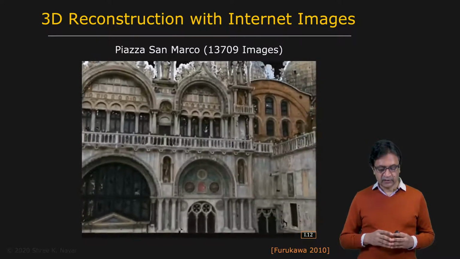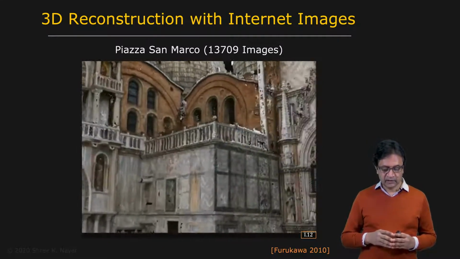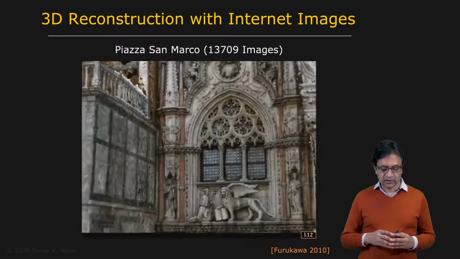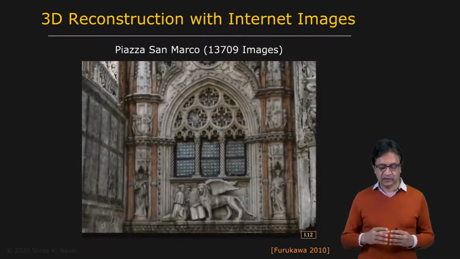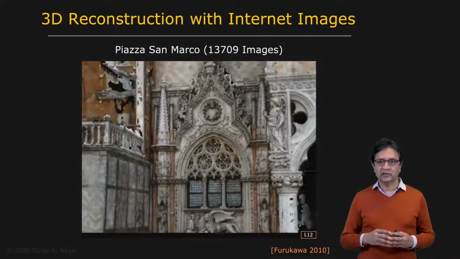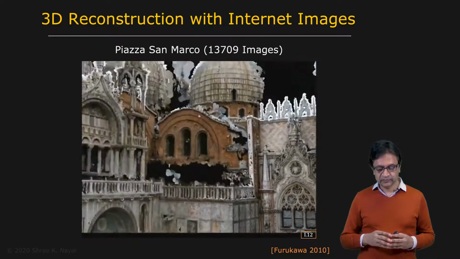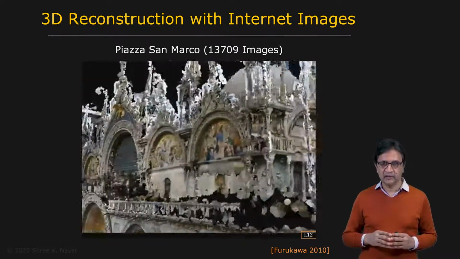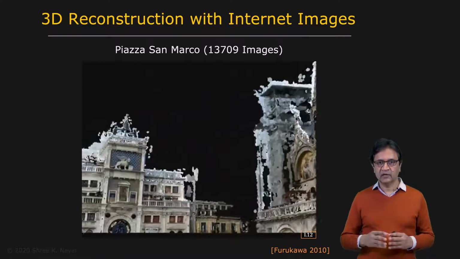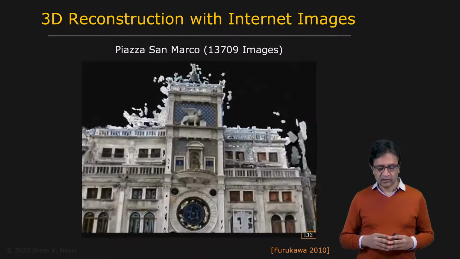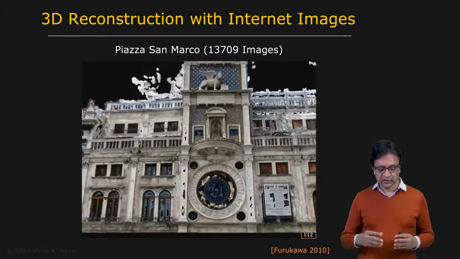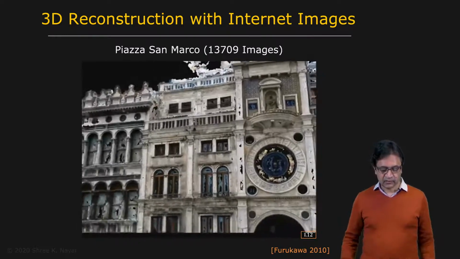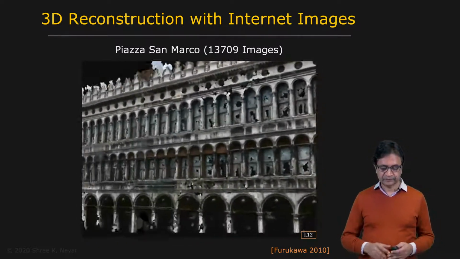It's a lot of detail. Of course, again, there's missing information here and there, but if you think about it, these are very intricate scenes, and it's rather remarkable that you're able to, for free, so to speak, essentially use the crowd as your photographer to create all of these images and then use them to reconstruct models.